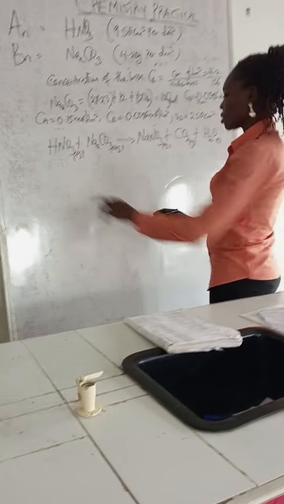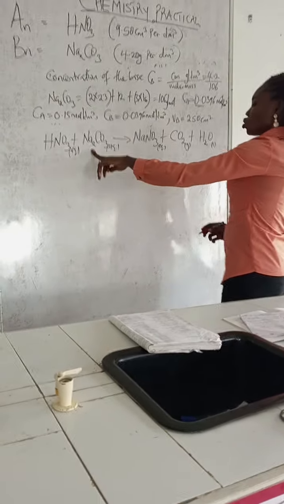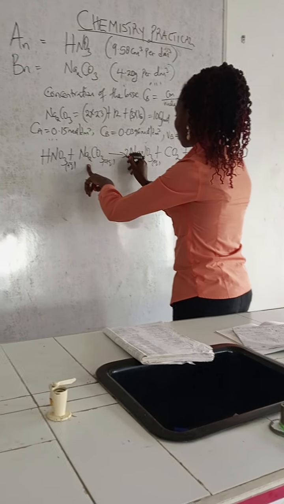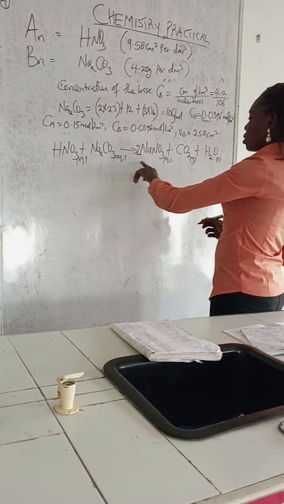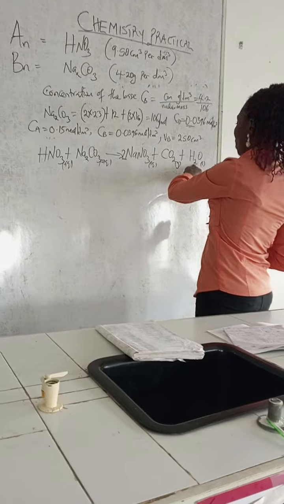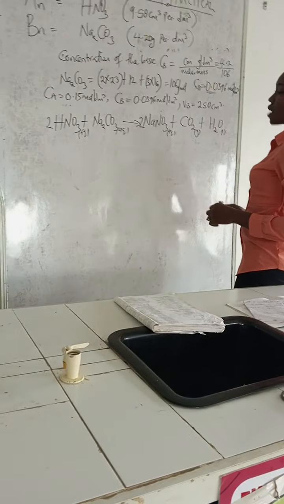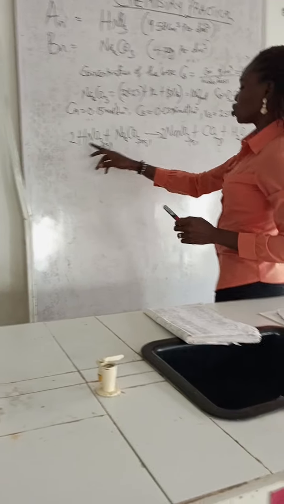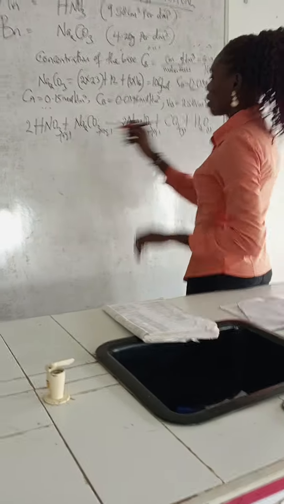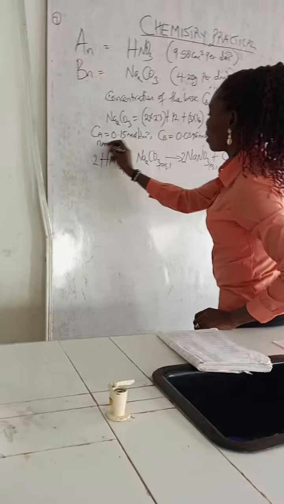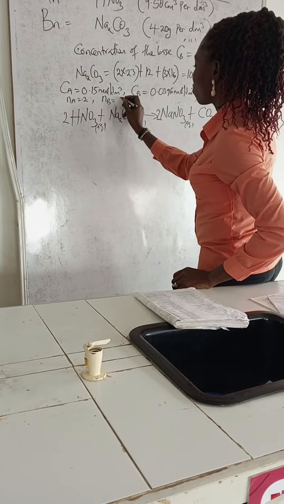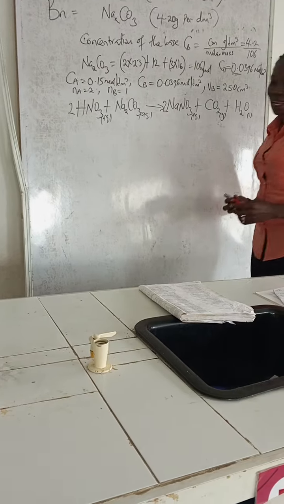So we have to balance this. We have 2 sodium atoms here, so let's fix 2 here, and we have two hydrogen here, so let's fix 2. So the number of moles of the acid is what? 2 ratio 1. So our Na is going to be 2 and our Nb will be 1.